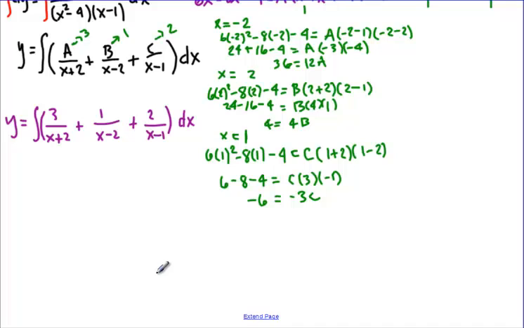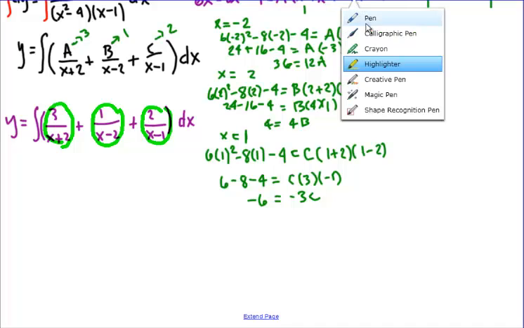And as we saw in the previous problem, when we integrate that, that works out really nicely. So when you integrate again, think in pieces. I've got this piece right here with a 3 in front, this piece right here with a 1 in front, and this piece right here with a 2 in front.